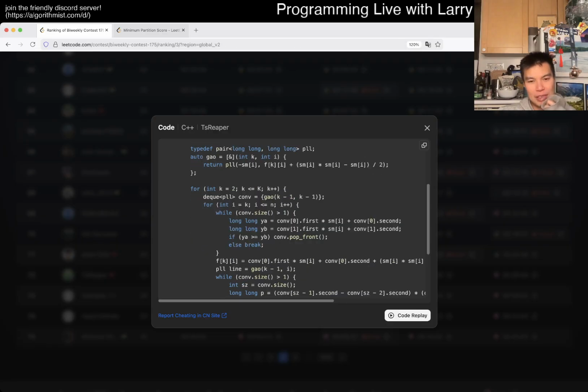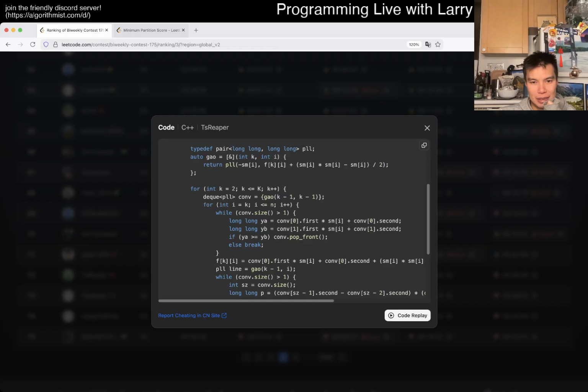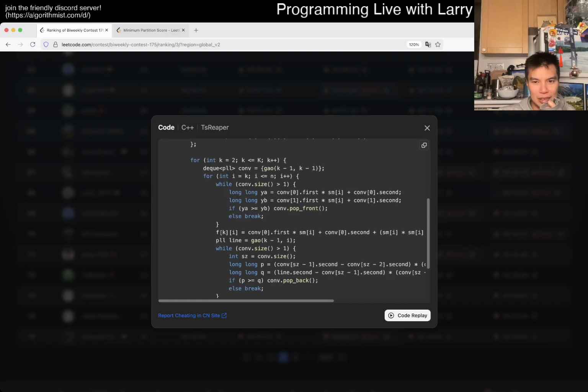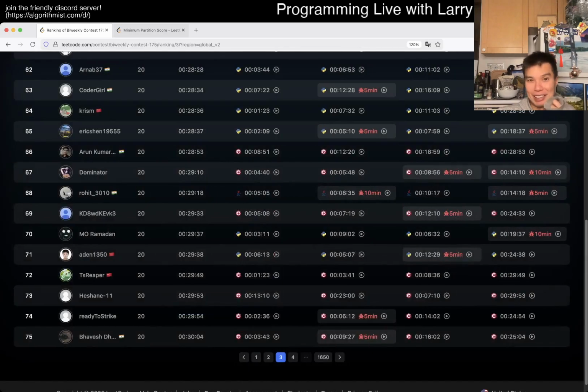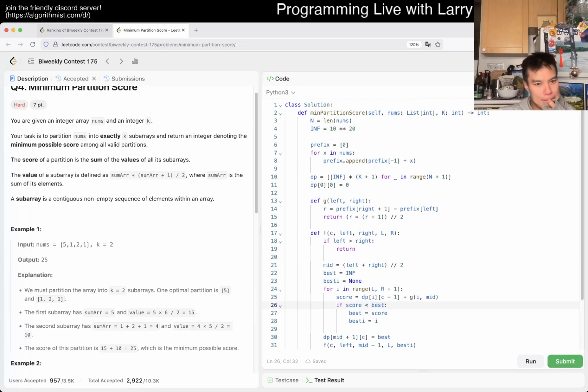I gotta practice Convex Hull if I care, but maybe not. I mean, yeah, maybe I just didn't understand. Maybe I don't understand the Convex Hull stuff clearly. Divide and conquer I understood, but then I just had a lot of issues with silliness, which is fine. But yeah, haven't done this in a while though.